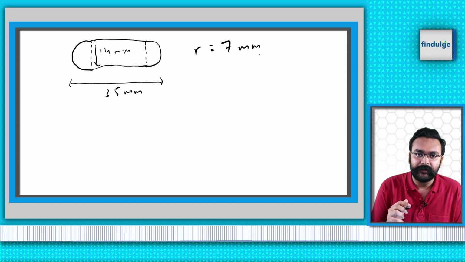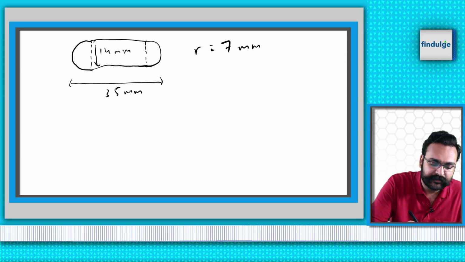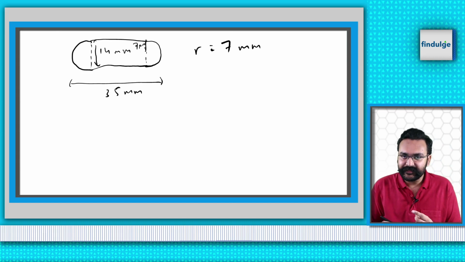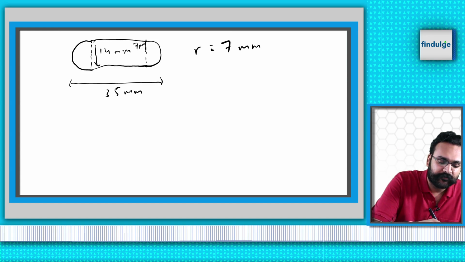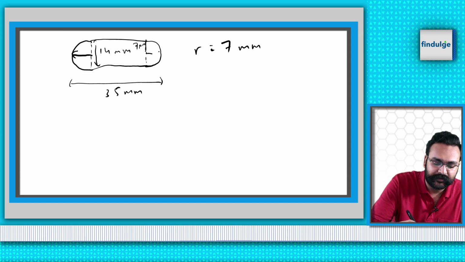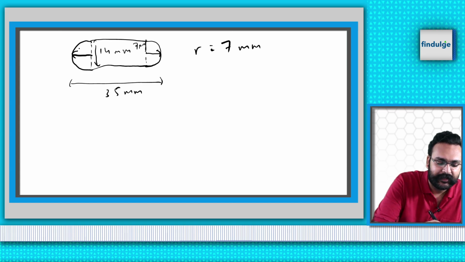Now 7 millimeters is the radius. If the radius of the hemisphere is 7 millimeters, that means from the center to the tip of the hemisphere on both sides, it is equal to 7 millimeters.